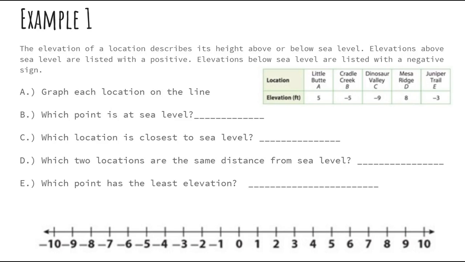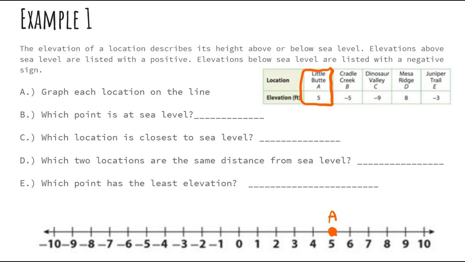Okay, so our first step is to graph each location on the line. We look at our first location. Our first location is Little Butte, and it says it has an elevation of 5 feet, so it's 5 feet above sea level. It's a positive number, so we mark it on our number line in the positive spot with an A for Little Butte.